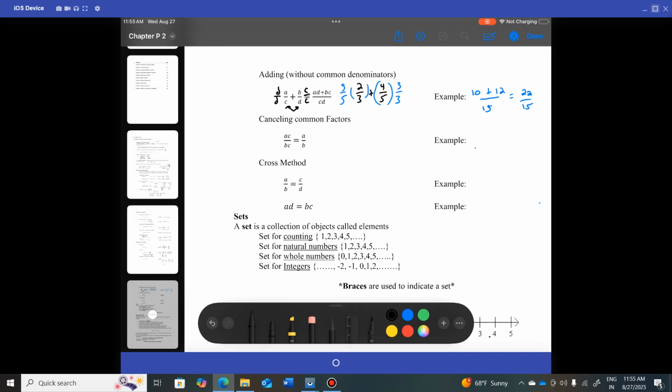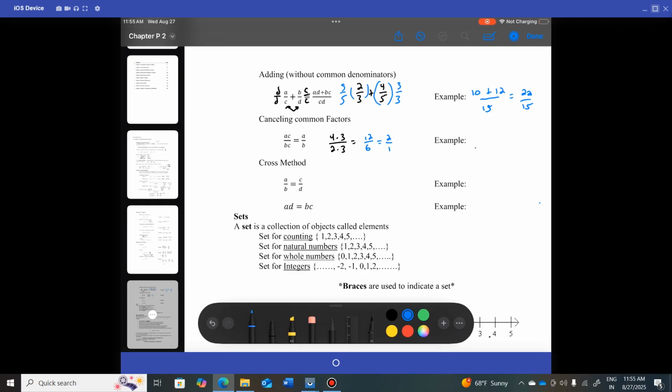Okay. If we have common factors, so we have factors c and c on the bottom, and there's no addition signs, we can divide them out. So if we had 4 times 3 over 2 times 3, I'm going to do it the long way first. 4 times 3 is 12, 2 times 3 is 6, so it divides out to 2 over 1.